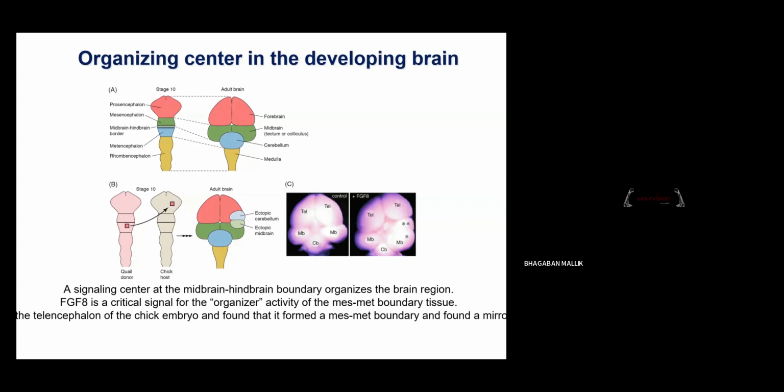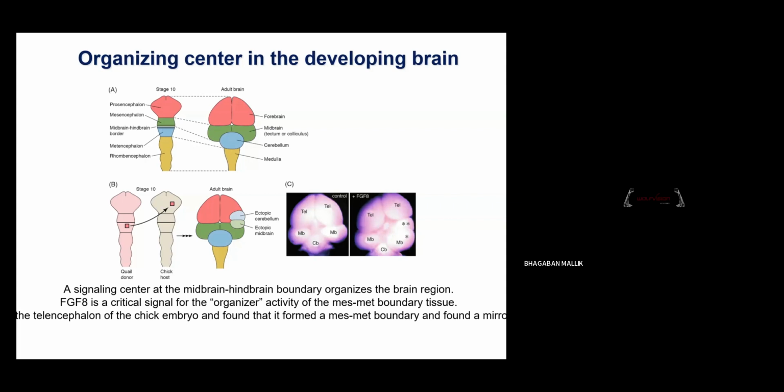They found that there is ectopic expression of midbrain, because this tissue is derived from the midbrain and hindbrain border. There is ectopic expression of midbrain and also cerebellum, which is shown here in this cartoon. That means that something present in the organizing center is inducing the formation of this structure, which is also represented here.